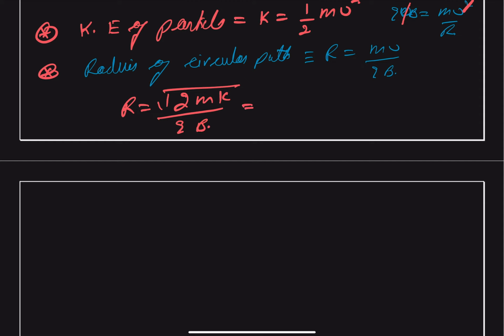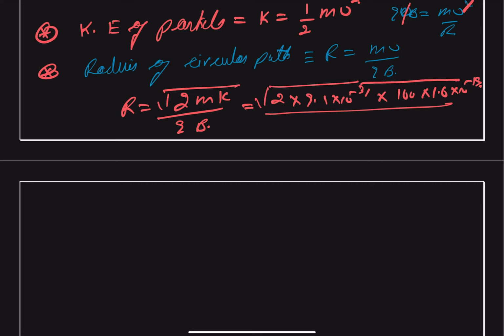We substitute values, which is the square root of 2 into 9.1 into 10 to the power minus 31 into 100 electron volt, 1.6 into 10 to the power minus 19, divided by the charge that is 1.6 into 10 to the power minus 19. Magnetic field is given as 1.5 into 10 to the power minus 3.